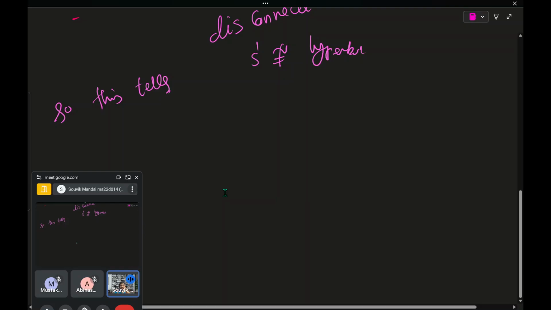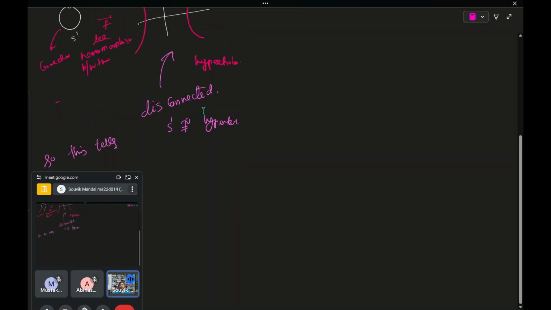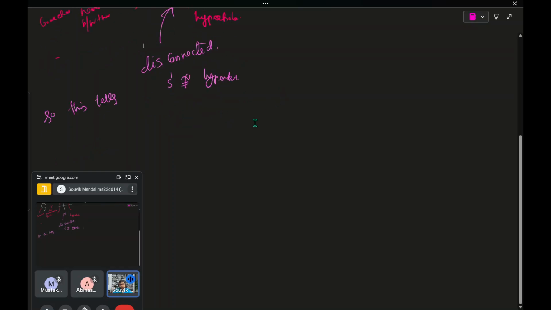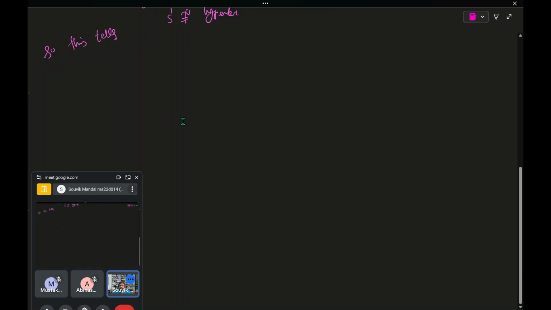That is, if X is connected, then f of X is connected. Since the circle is connected but the hyperbola is disconnected, f of S1 cannot be equal to the whole hyperbola. So that is the argument. Okay, Avinash. Do you have any more questions?